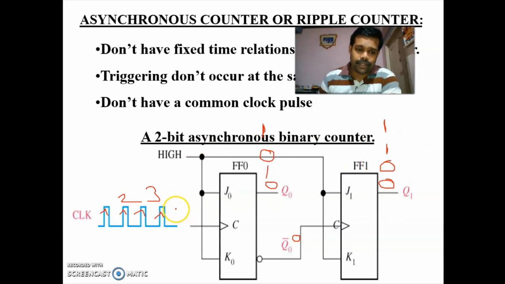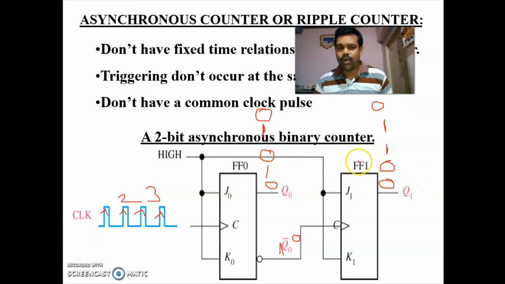Again during the fourth clock pulse, this 1 will change to 0. At that time the value what you are having is 1 here. So this 1 will also change to 0. So again the sequence is repeating: 0 0, 0 1, 1 0, 1 1, 0 0. This is the working of an asynchronous 2-bit ripple counter.